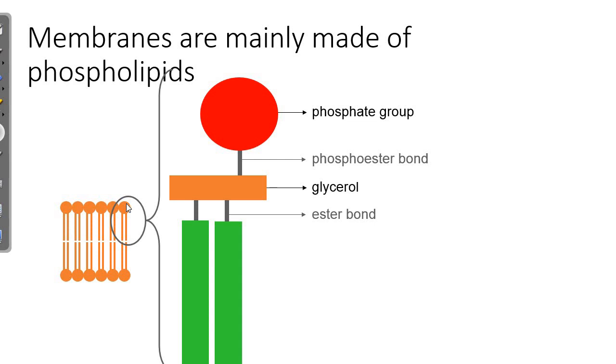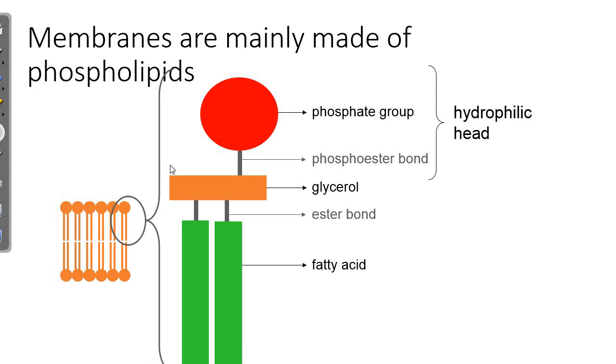Next we have the ester bond, and the green part is the fatty acids. So fatty acids and glycerol are bonded with the ester bond, and glycerol and phosphate are bonded with the phosphoester bond, because the phosphate group is present right here in the head part.